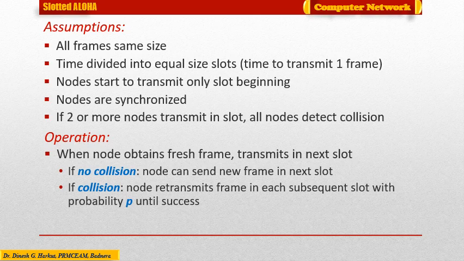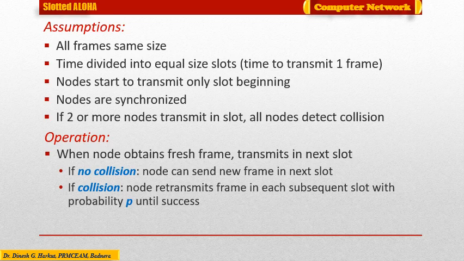If there is not any collision, the node has successfully transmitted its frame, and thus need not consider retransmitting the same frame. That is, a node can prepare a new frame for transmission if it has one to send.